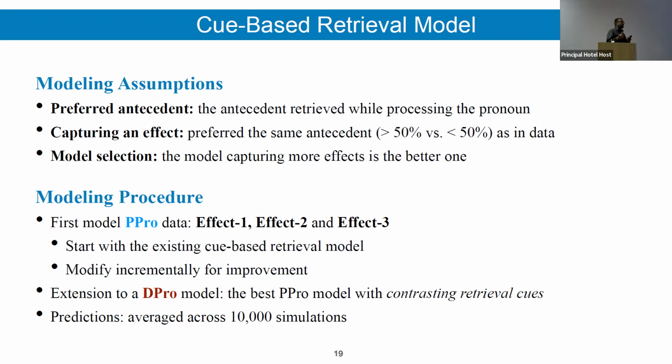Then the idea is that since demonstrative and personal pronouns have these complementary preferences, complementary retrieval cues should also capture the data for demonstrative pronouns. So take the best model for personal pronouns and just change the cues. Don't make too many changes in the model, but make only minimal changes, driven by what we think about the differences between personal and demonstrative pronouns.